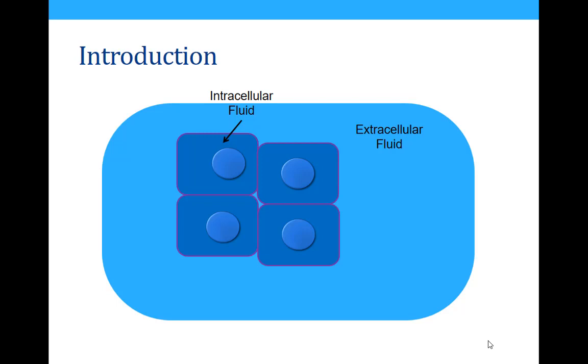Potassium. And which one is high outside the cells? Sodium. And what goes with sodium? Chloride. They have a very strong friendship. Okay. So potassium is very high inside, low outside. Sodium and chloride are low inside but very high outside.